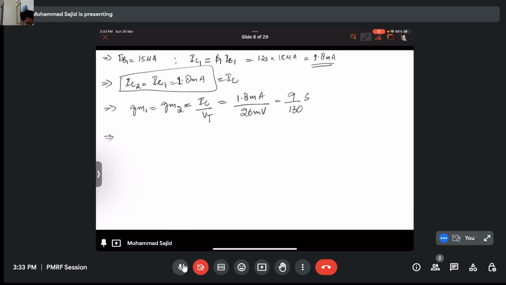The next is we have to calculate R pi 1, that is beta 1 by GM1. Beta 1 is 120, GM1 is 9 by 130. This will be equivalent to 120 into 130 divided by 9, which comes out to be 1733.33.